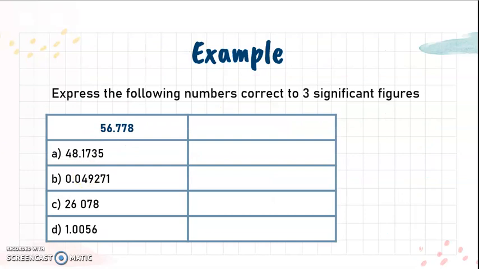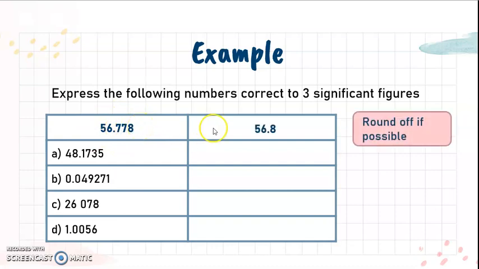So next, in your notebook, I want you to solve or answer these four. Express the following numbers correct to three significant figures. Let me show you how you do it first. So for example, we have this number. Correct to three significant figures, we have 56.8. We must count the number from the very first digit.